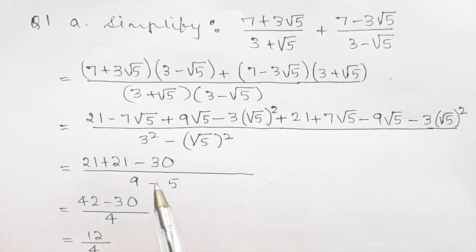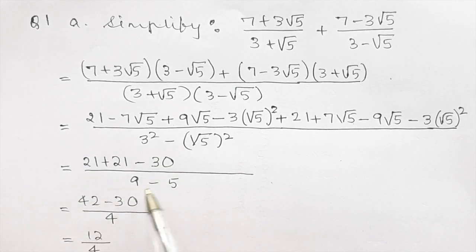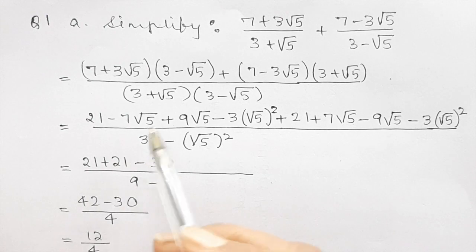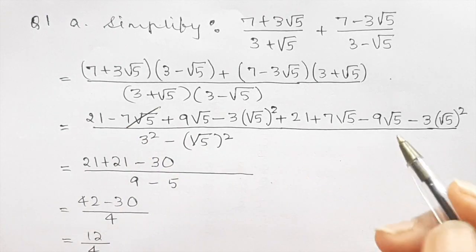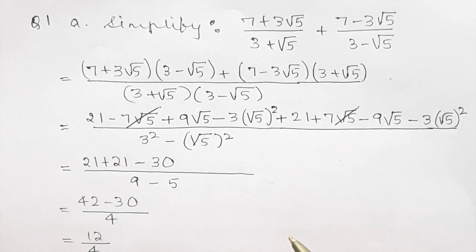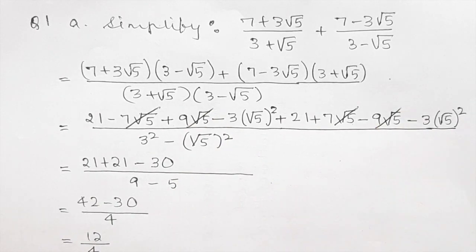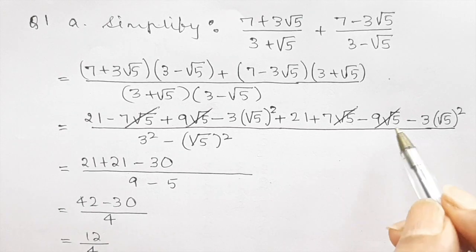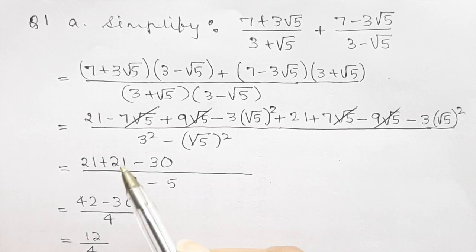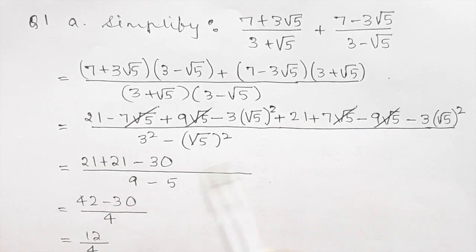Now let us say that is equal to, in the denominator, this will be 9 minus 5. And here you will see that minus 7 root 5 and plus 7 root 5 get cancelled. Then we have plus 9 root 5 and minus 9 root 5, which get cancelled. And then we have 21 plus 21.